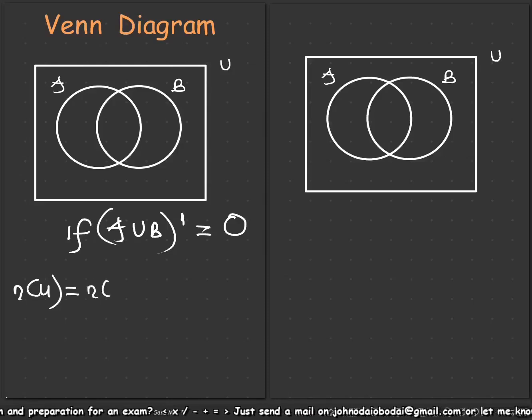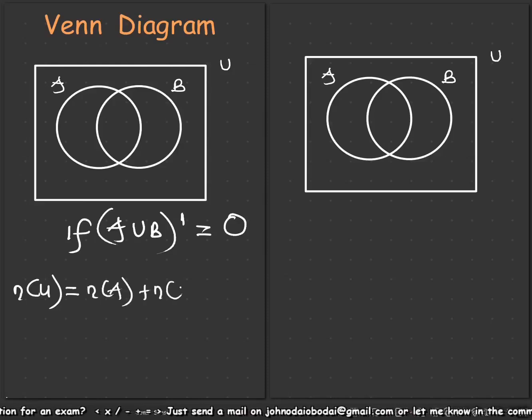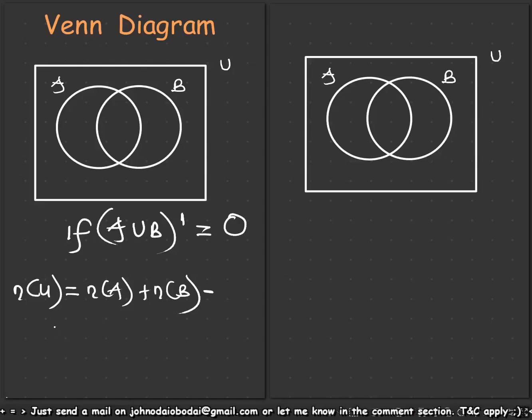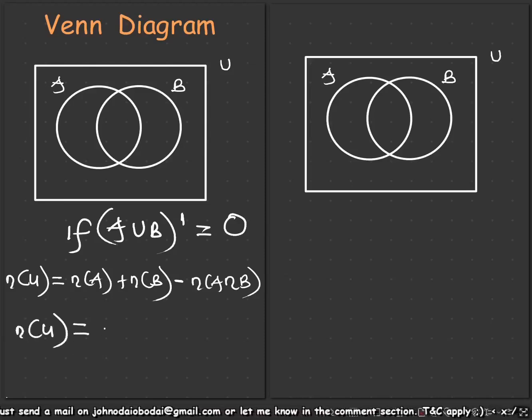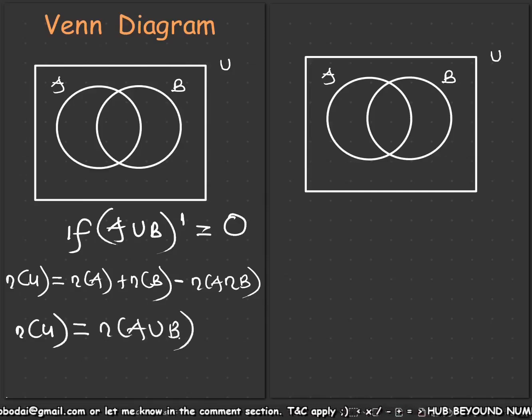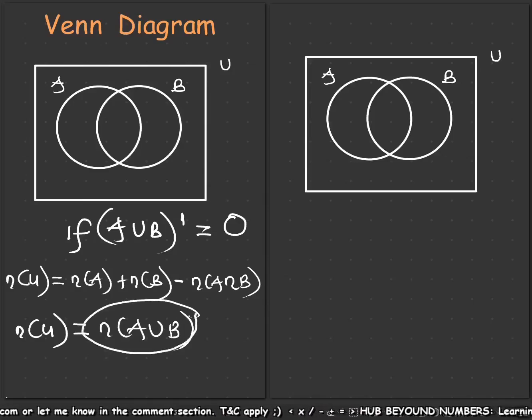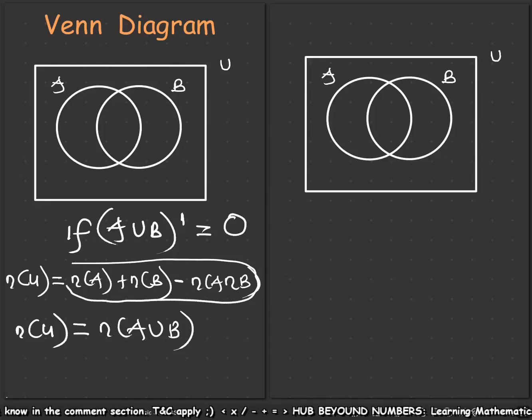So we'll add A to B, and then subtract their intersection. In other words, since our A union B is equal to the universal set, then our universal set is equal to your A union B. It simply means your A union B is also equal to what you have over here.